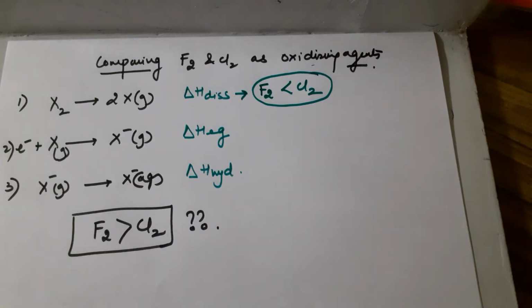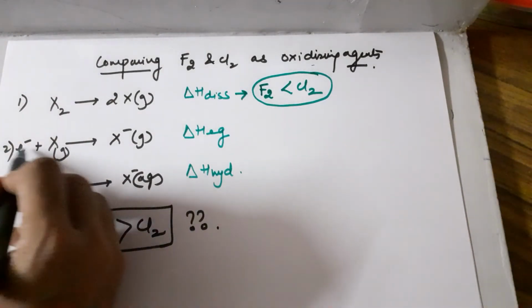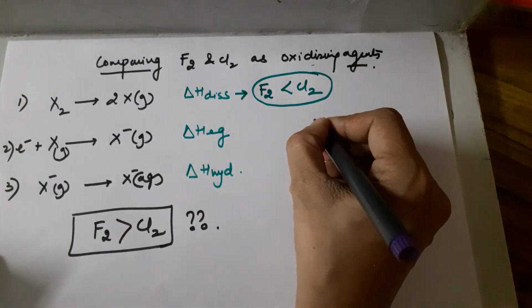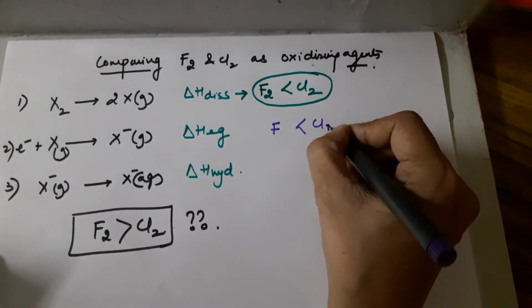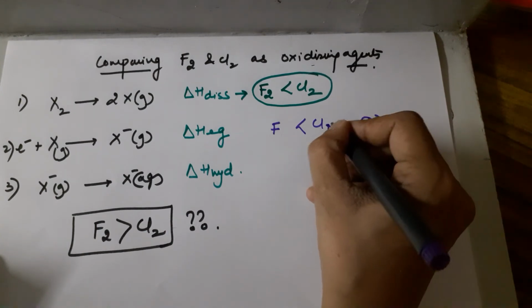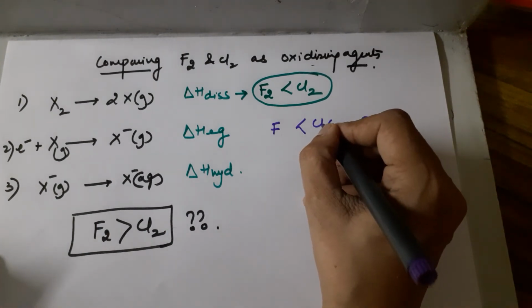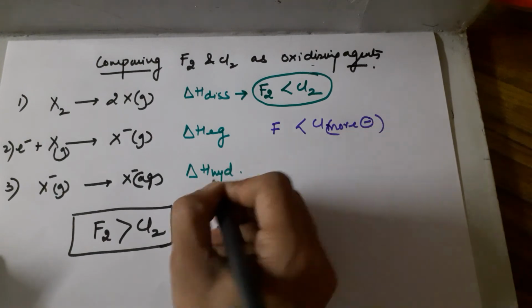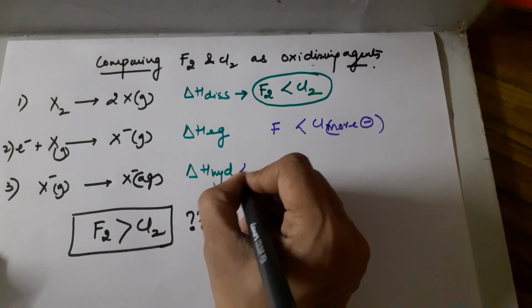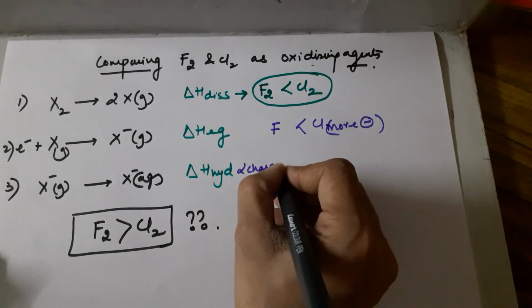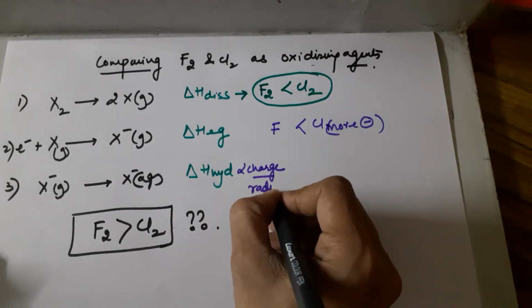Coming to the electron gain enthalpy, we very well know electron gain enthalpy is good for Cl as compared to F, that is, this has a more negative value, so electron gain should be better for chlorine. Moving on to the last is the hydration. Hydration enthalpy is directly proportional to charge, which is same for both, upon radius.